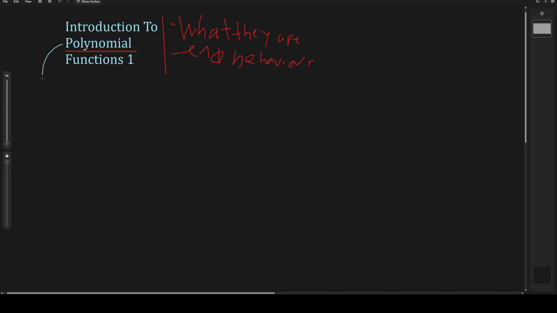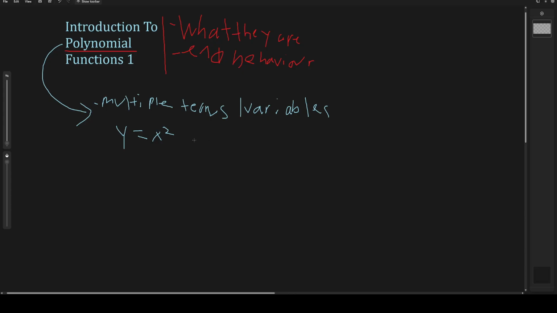so you might have learned before, polynomial just means like multiple terms or variables. So like y equals x squared. That's a polynomial.